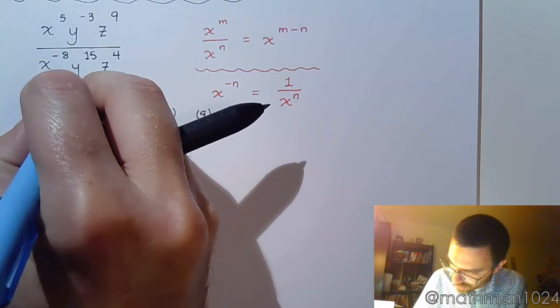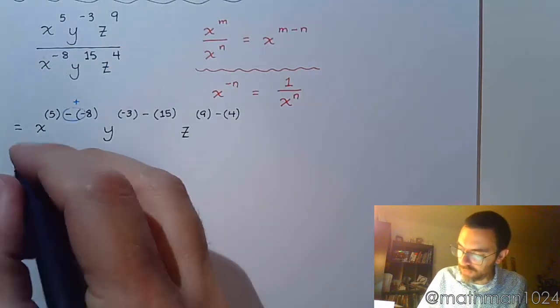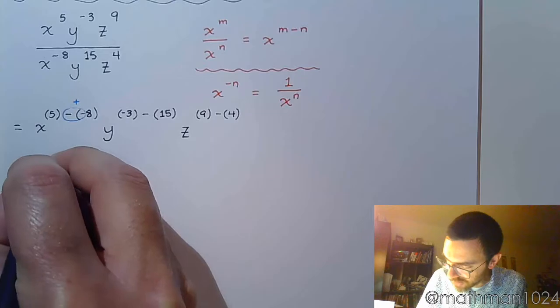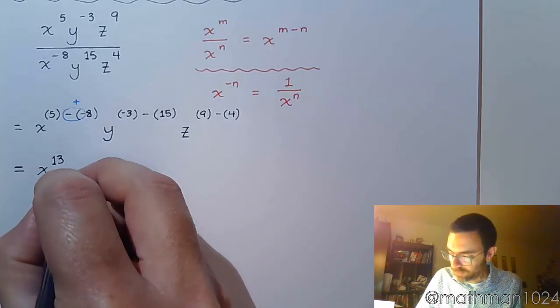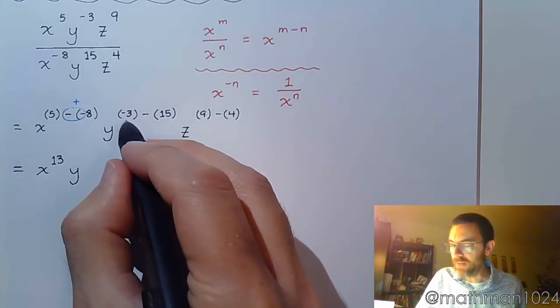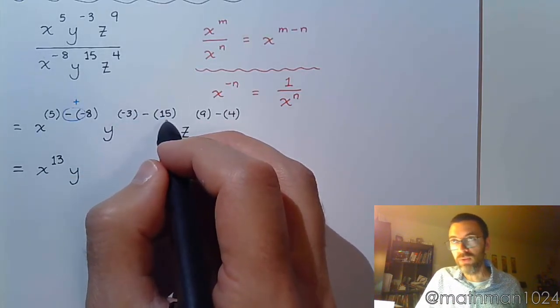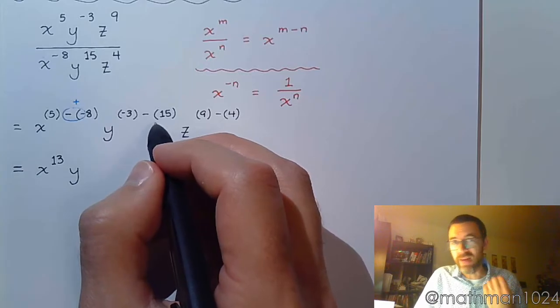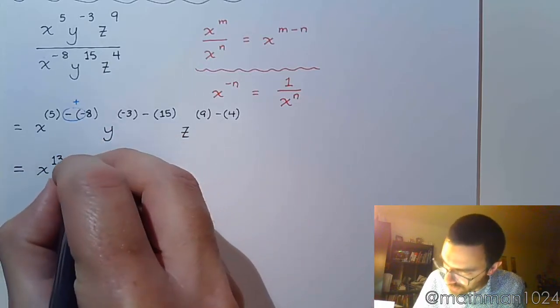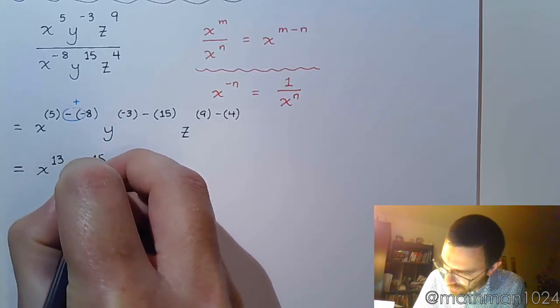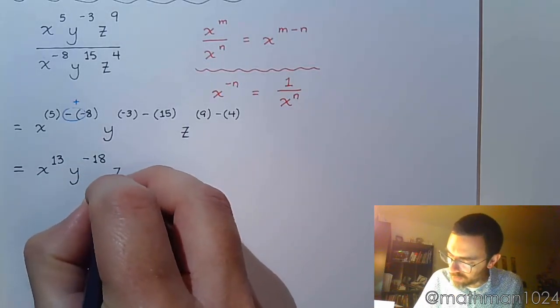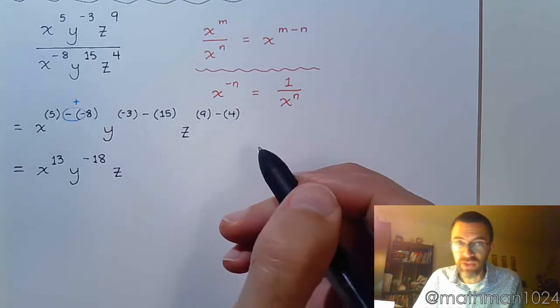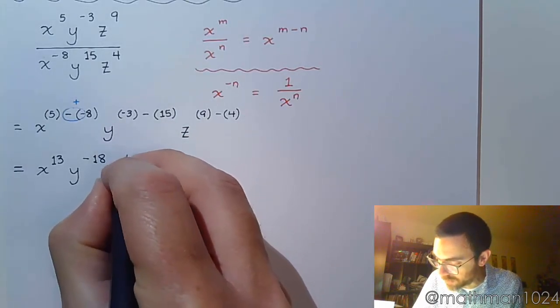So 5 plus 8 gives us x to the 13th. Then you have negative 3 minus 15, so both of these really are negative; combining a negative 3 and a negative 15 is negative 18. And finally for z, 9 minus 4 is 5.